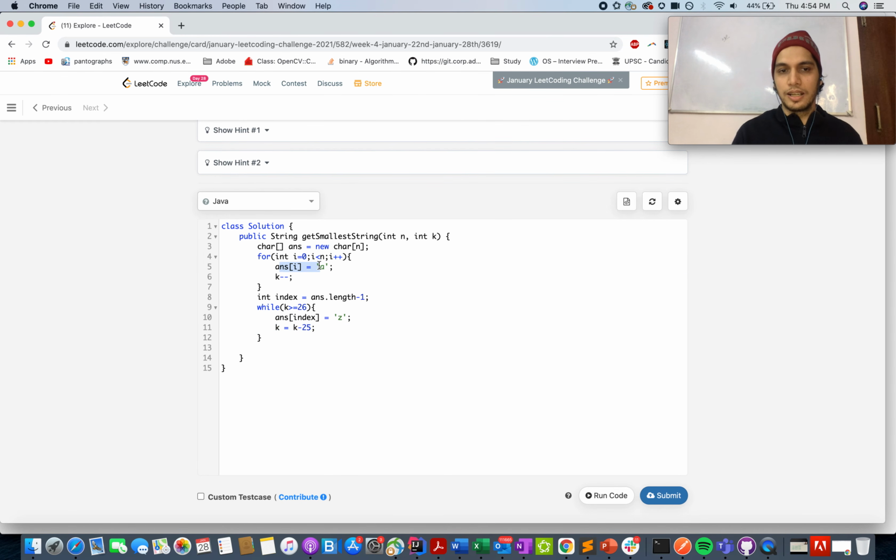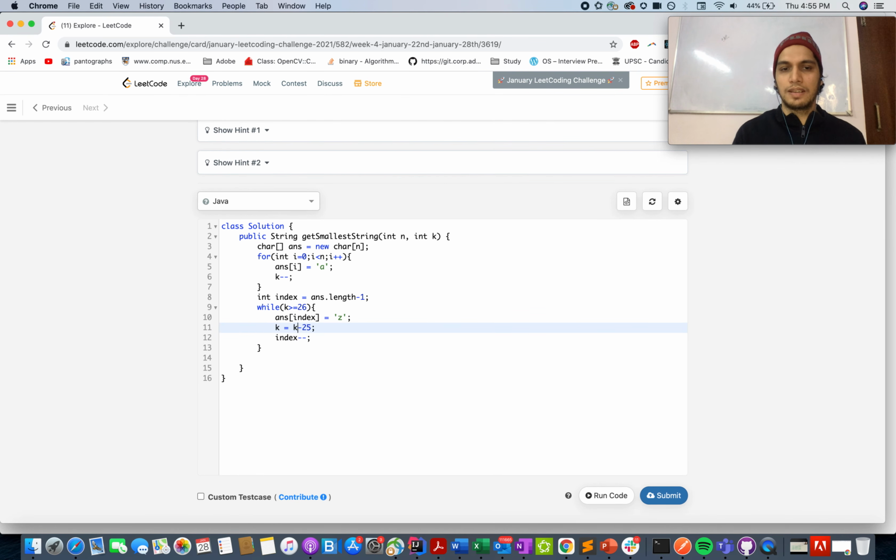Since we have already reduced 1 in the past, we will be reducing 25 now instead of 26. And once we have done that, index minus minus. I hope I made it clear why we reduced by 25, not 26, because we already reduced 1 in the past.